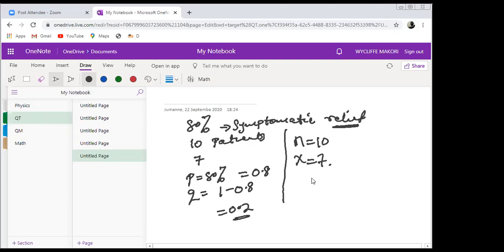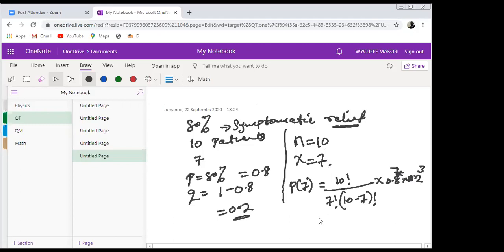So you are asked, what is the probability that if this medication is administered to these 10, only 7 are going to register relief? So you say the probability that 7 register relief is given by n factorial, which is 10 factorial, over 7 factorial, which is x factorial, times 10 minus 7 factorial, times p power x, which is 0.8 power 7, times 0.2 power 10 minus x, which is 10 minus 7, actually 3.